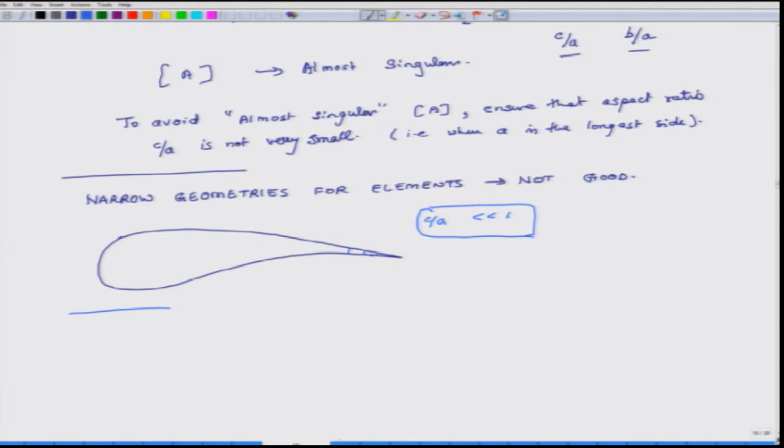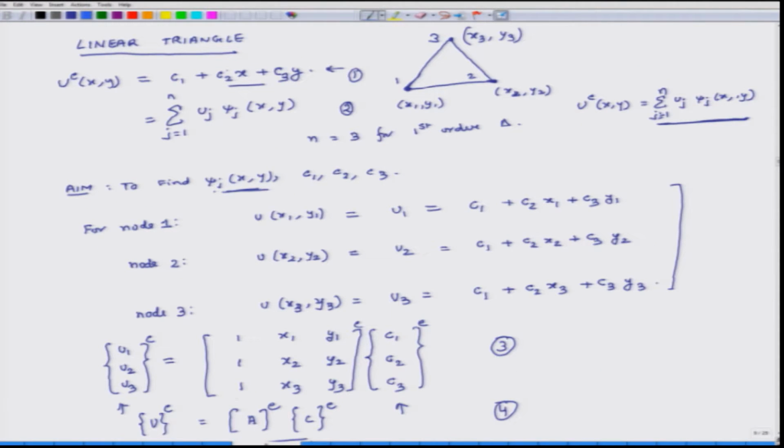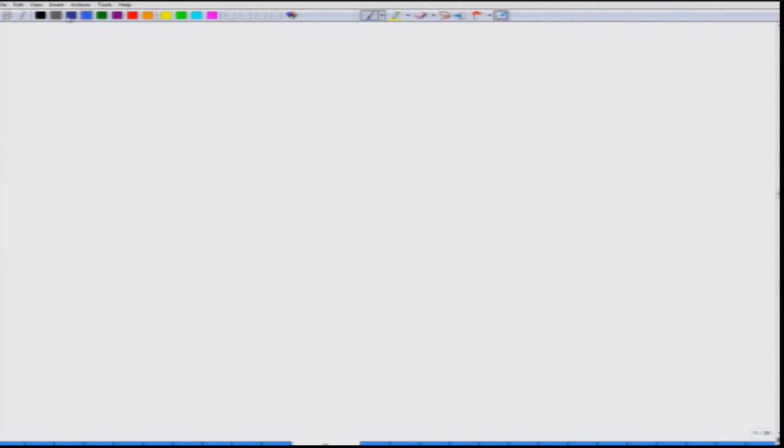So, with that understanding, we now proceed to invert this matrix, U is equal to A times C. So, the first thing we will do is develop an expression for A inverse.